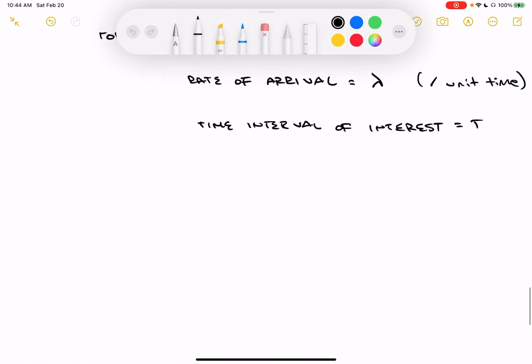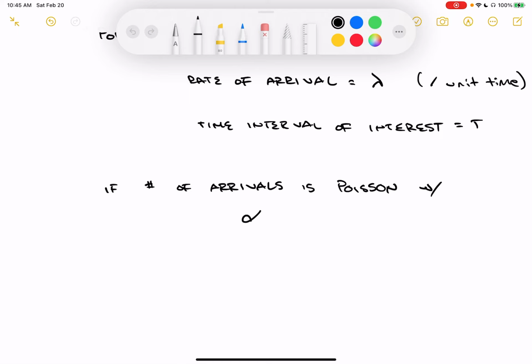Between these two, we can talk about the number of arrivals, and we'll be counting the number of arrivals. If the number of arrivals is Poisson distributed, the parameter for a Poisson is taken from a combination of that lambda and t.